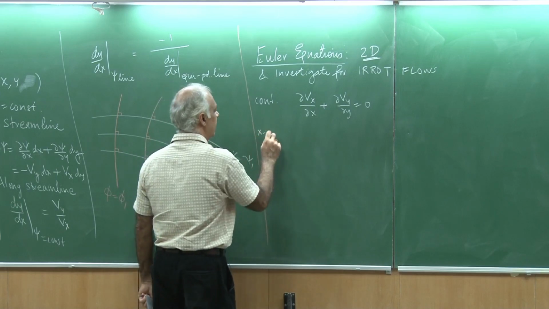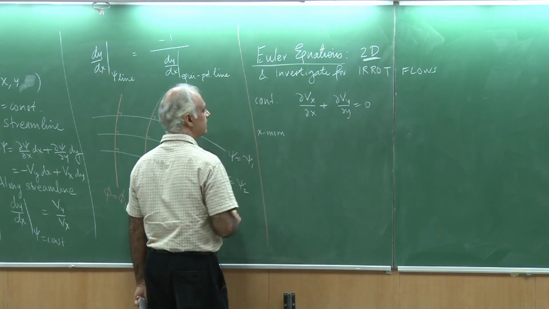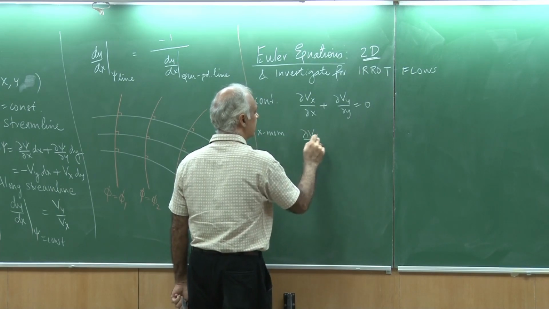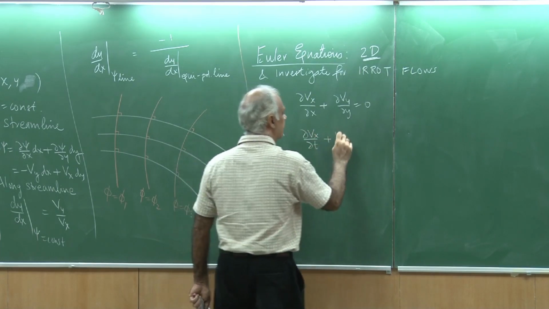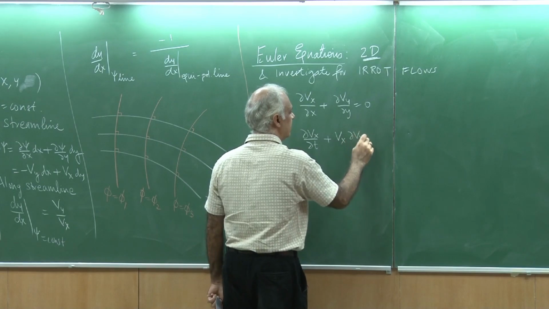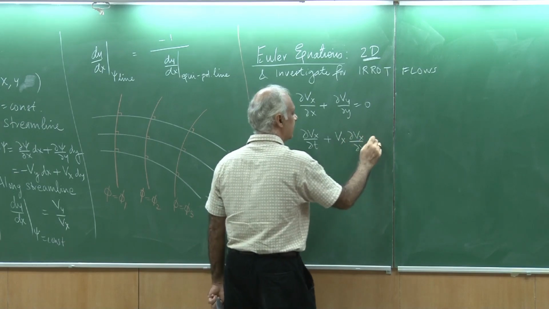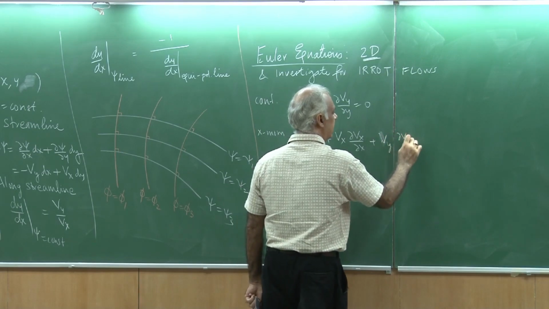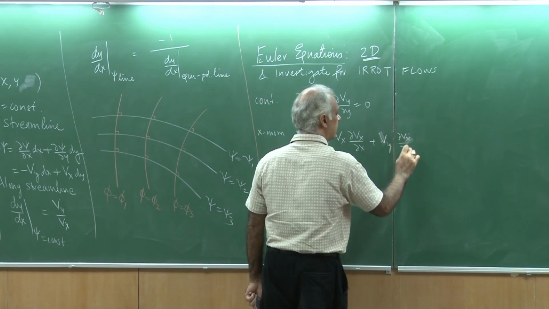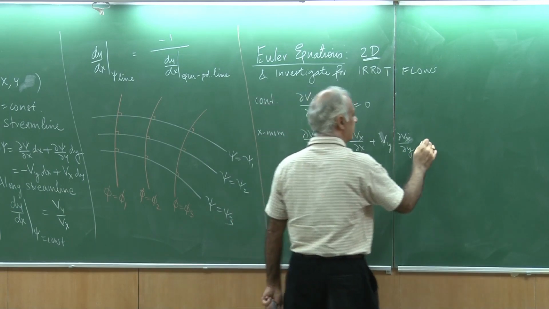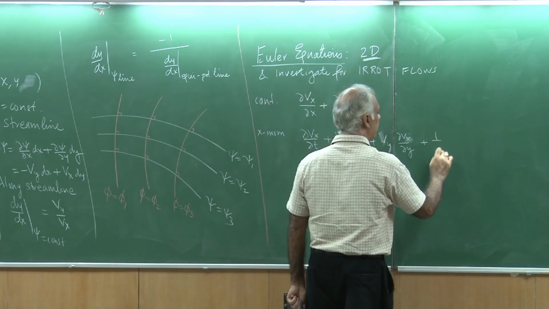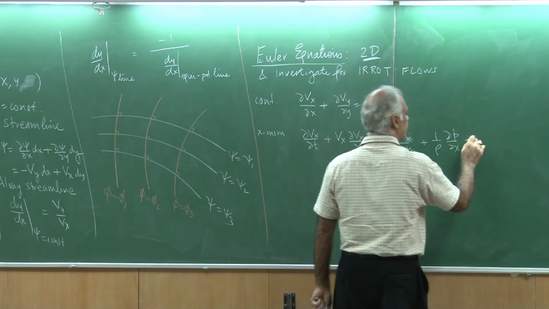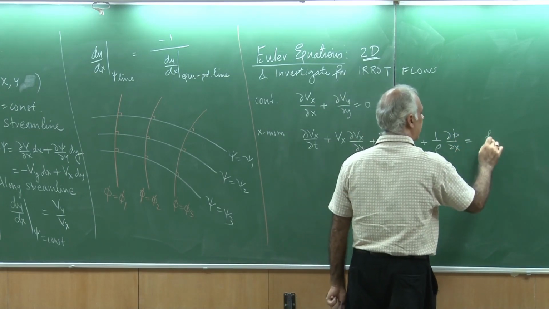Okay. Let us talk about the x momentum equation. This can be written as del Vx by del t plus Vx del Vx by del x plus Vy del Vx by del y plus 1 over rho del p by del x equals Fx.